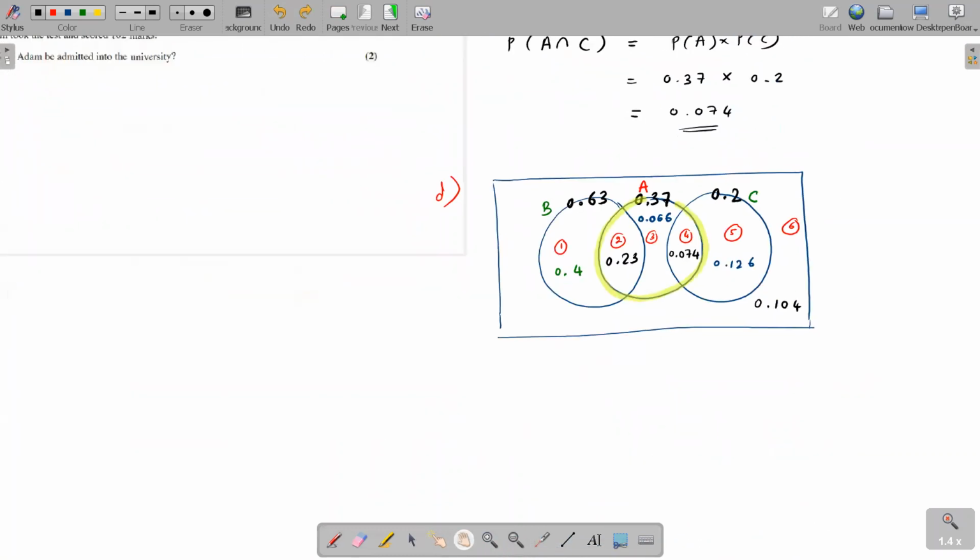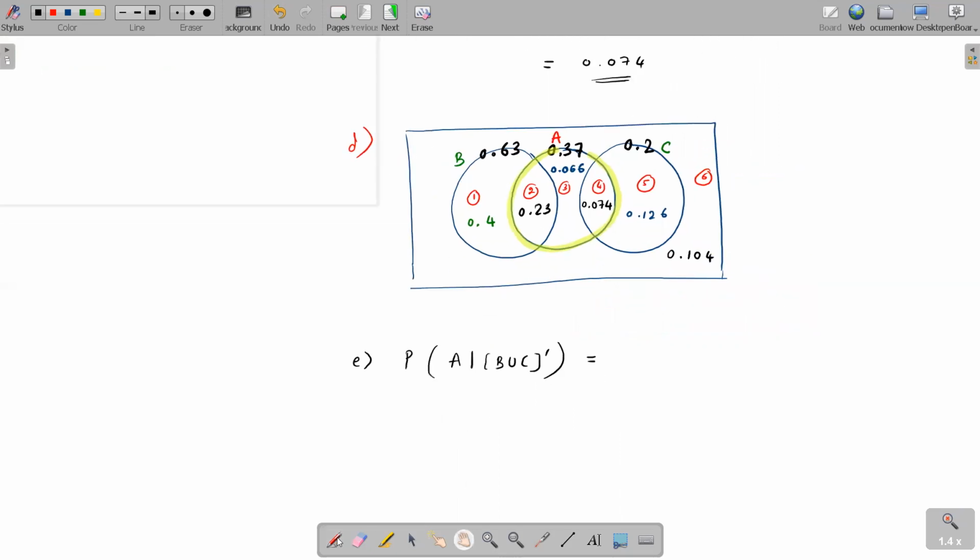Part E. Probability A given B union C dash. Okay, so the first thing you need to do is, of course, open this. It's conditional probability. When the given that is there, you open it as what?